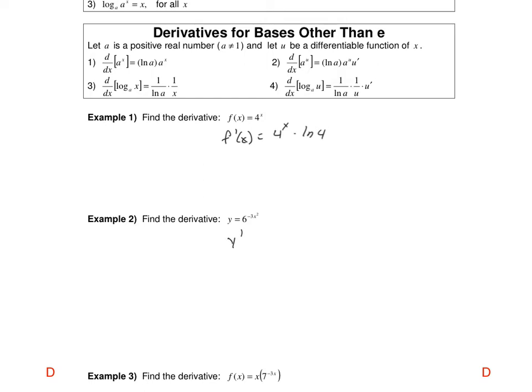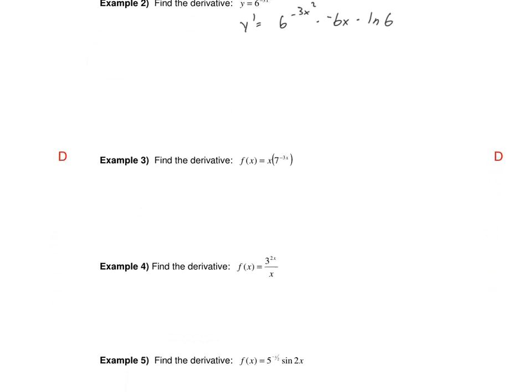All right, y prime is going to be the same thing. And I'm going to chain it, my -6, and then I've got to multiply by the natural log of the base. I don't have any rhyme or reason into the order, just make sure all 3 parts are there, and in multiple choice process, you're looking for all 3 parts to be there.